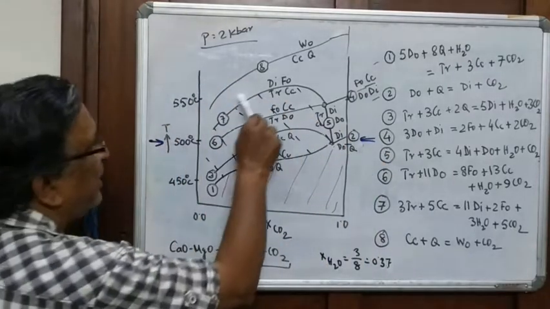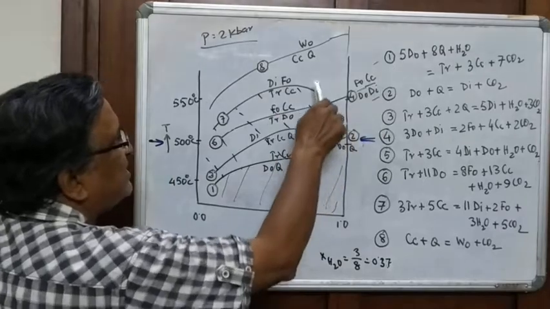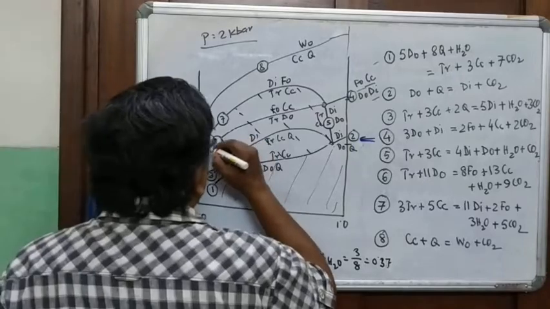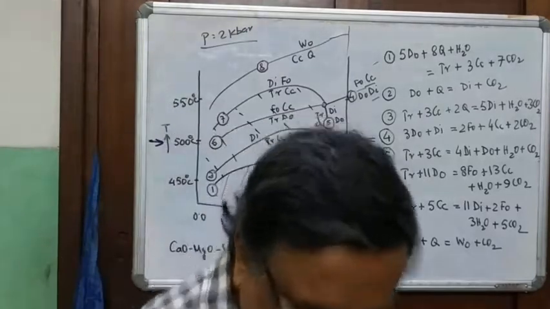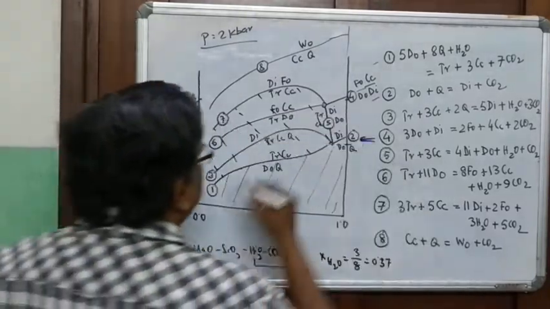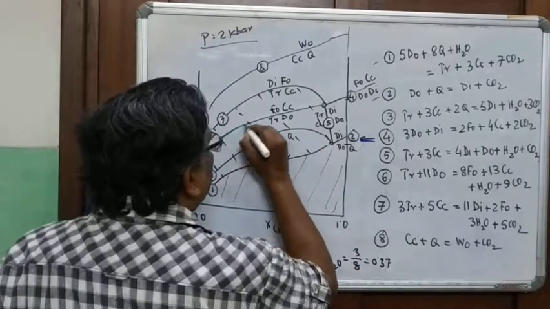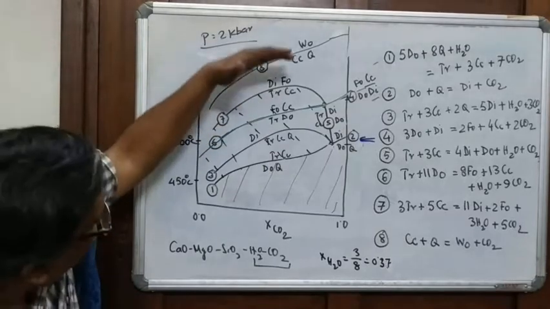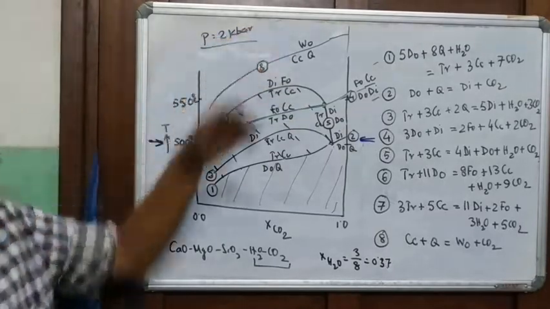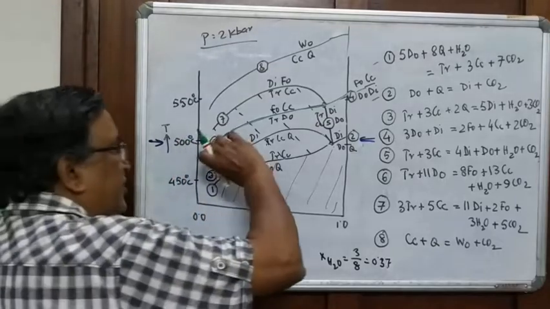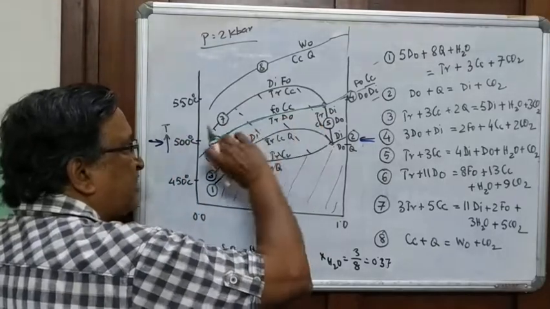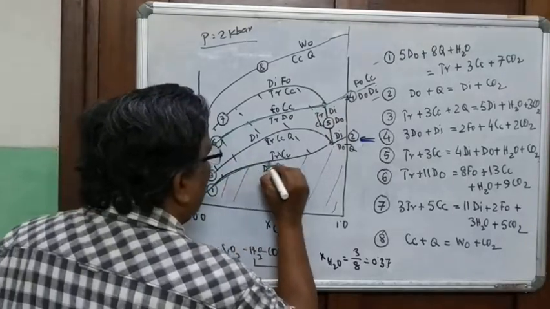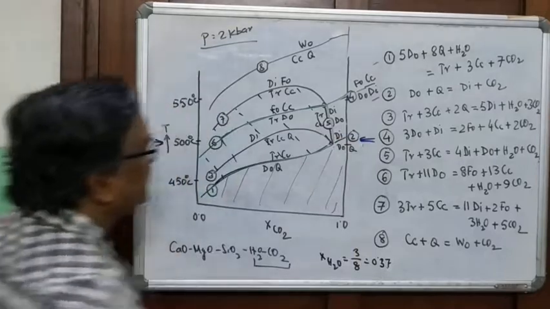And if you look here, you start getting forsterite bearing assemblages. This green line is where forsterite bearing assemblages start to come in. So tremolite, dolomite, diopside bearing assemblages are here, and the stability field of tremolite is like that.